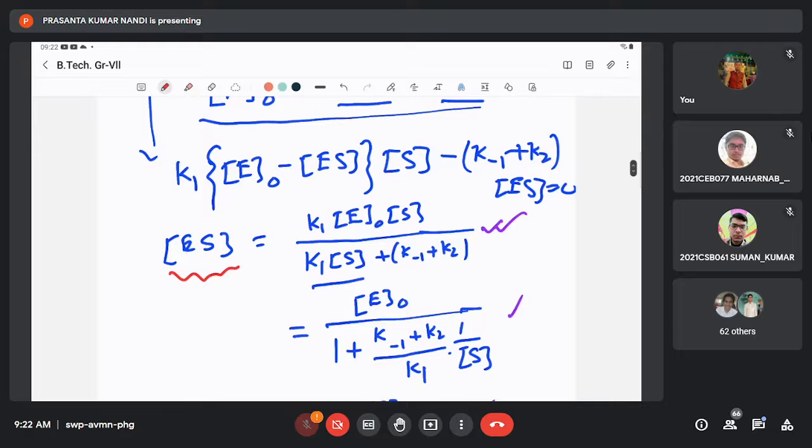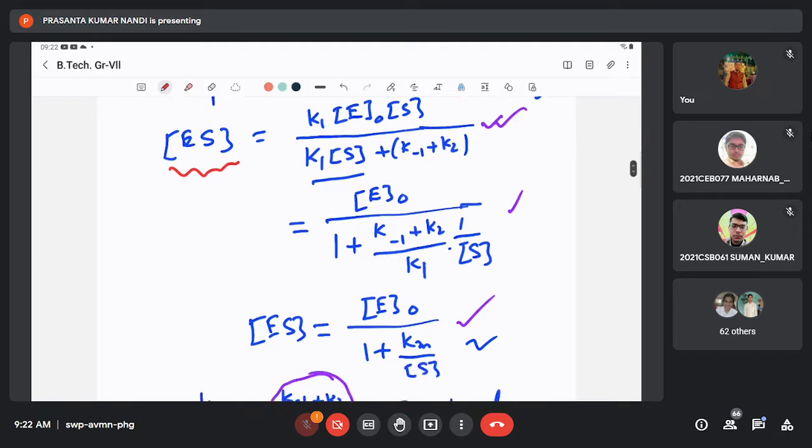Now the right hand side of this equation can be written in an alternative form. That is, if you divide both the numerator and the denominator by the concentration of substrate, then it appears like that.